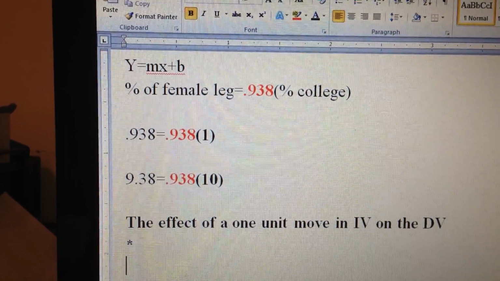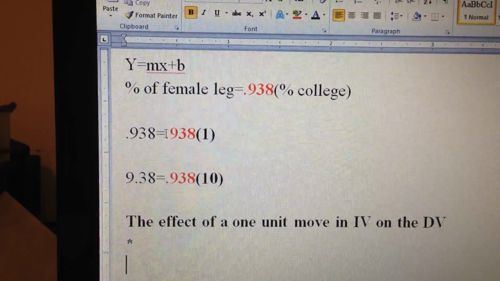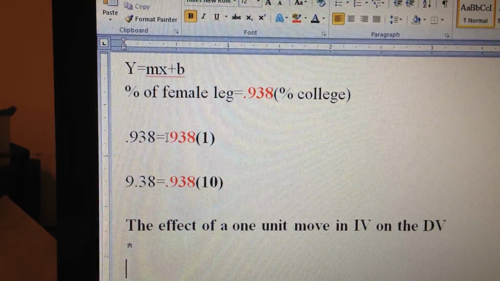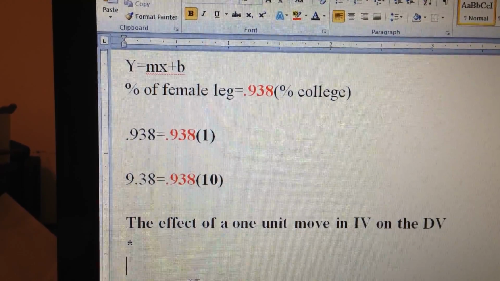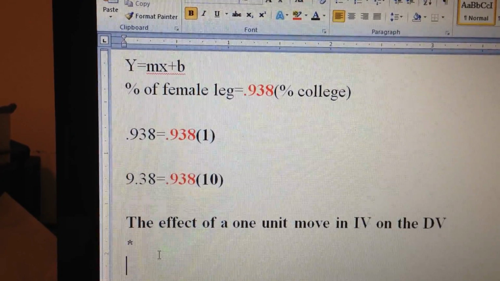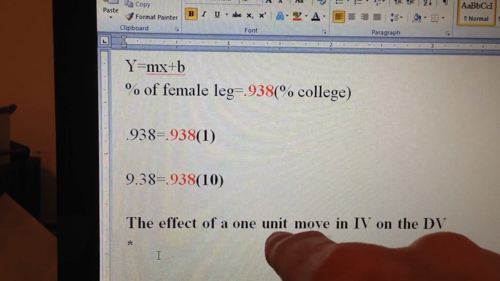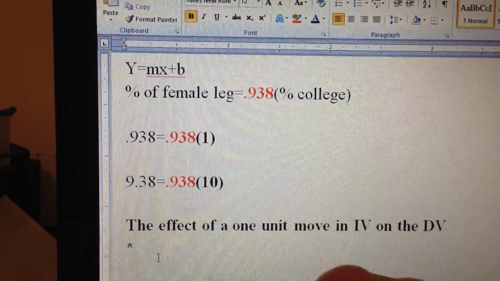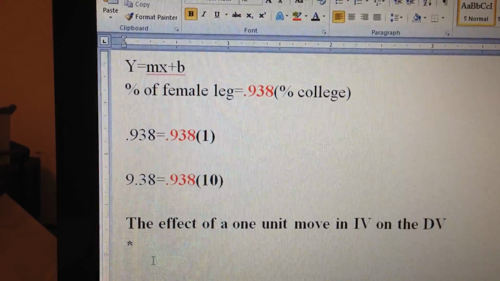All right. So the slope is the effect of a 1 unit move of the independent variable on the dependent variable. To find out the effect size, we just got to say how many units of the independent variable we're changing.